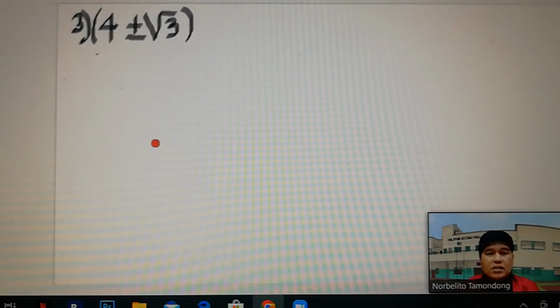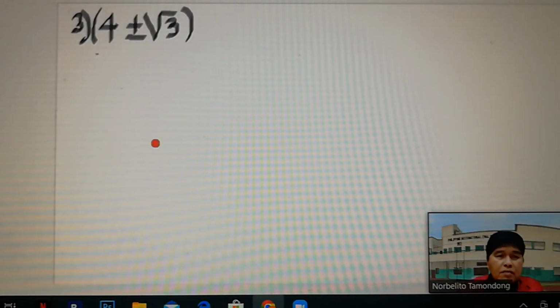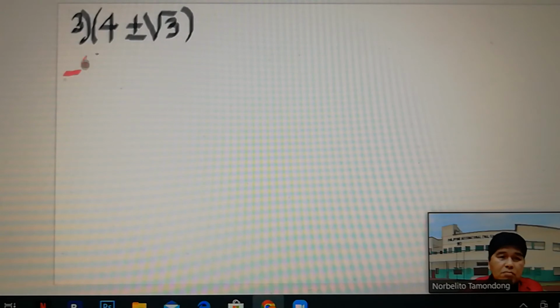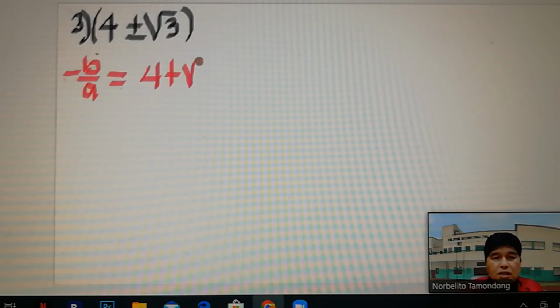Okay, so next is 4 plus square root of 3 and 4 minus square root of 3. The sum of the roots is negative b over a. So just simply add 4 plus square root of 3 to 4 minus square root of 3.